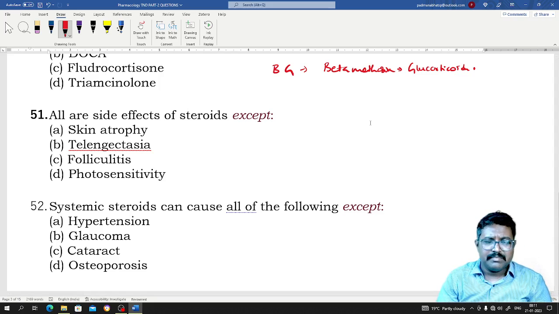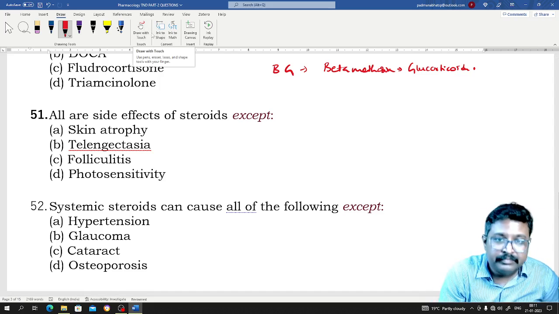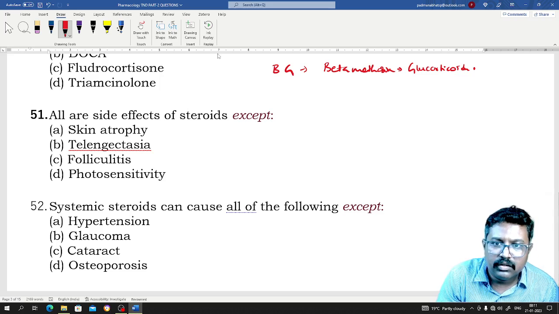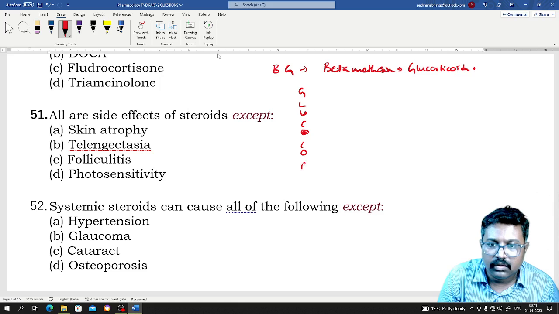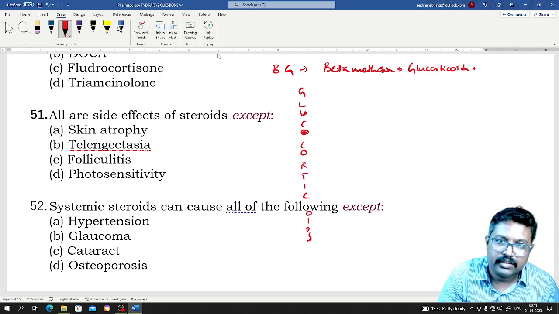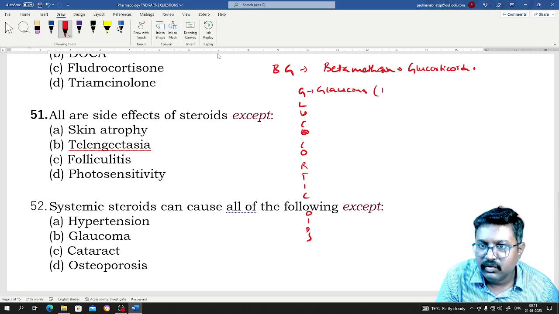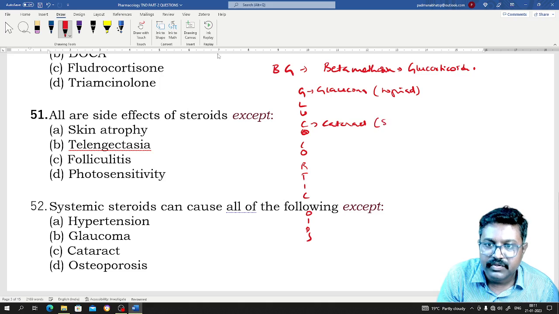So please remember, there is a mnemonic to remember this. Glucocorticoids can lead to glaucoma when given through the topical route. It can cause cataract if it is used through systemic route.